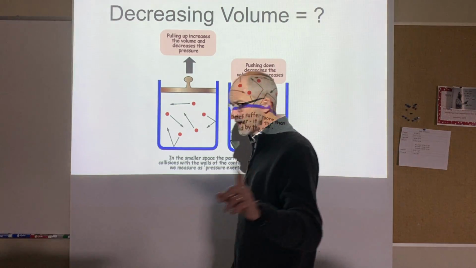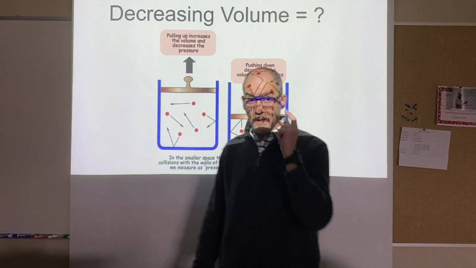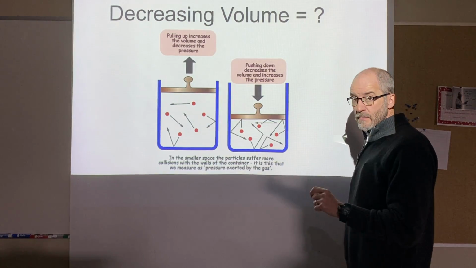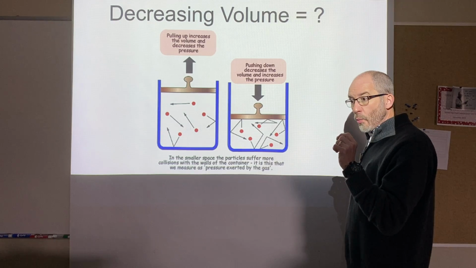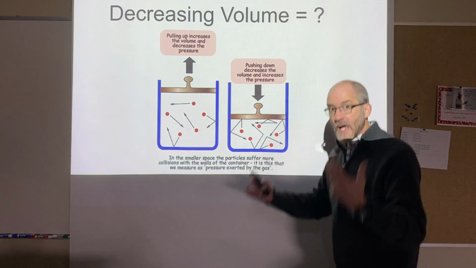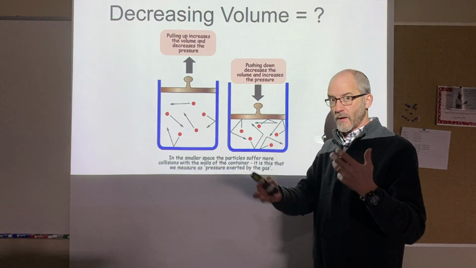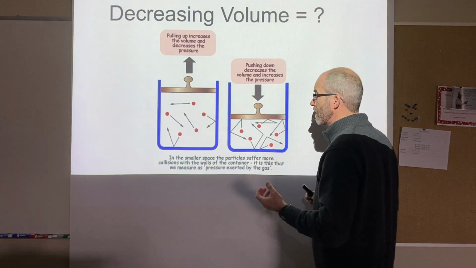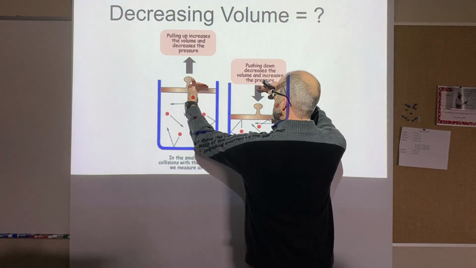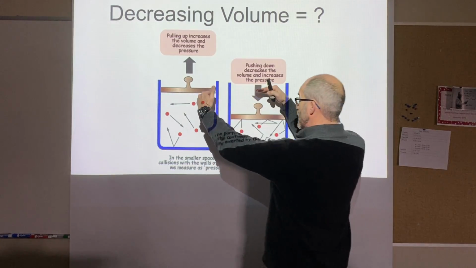All right, next. Let's assume we have two containers. Now you're going to have to listen to me, because we are manipulating items when we talk about gases. So we might manipulate volume, or we might manipulate pressure, or whatever the case may be. So just stick with me here. Let's assume that both of these start right here, and they both have the same volume of gas in them.